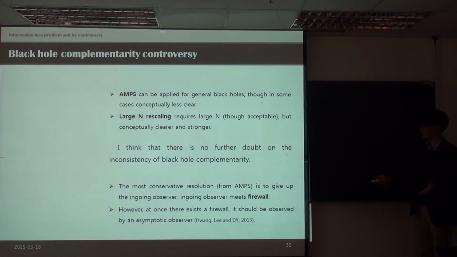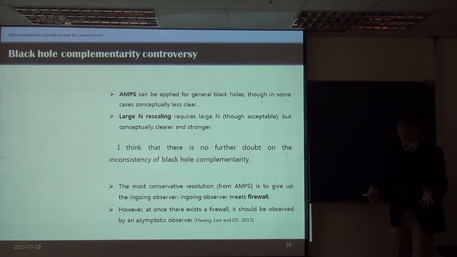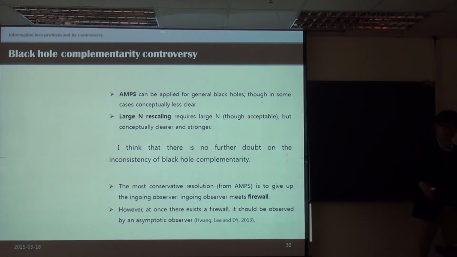They concluded that the ingoing observer should violate general relativity around the horizon scale and should see a so-called firewall around the event horizon. But up to now, there is no mechanism to create a firewall, and it's very subtle. So it's still controversial, and I don't know what conclusion we have to draw.